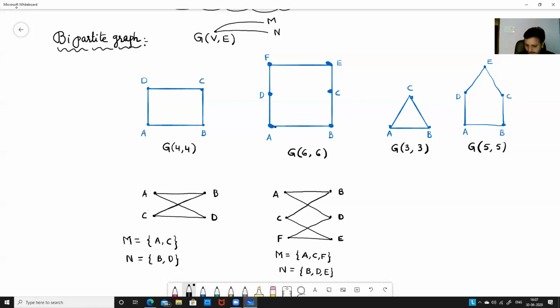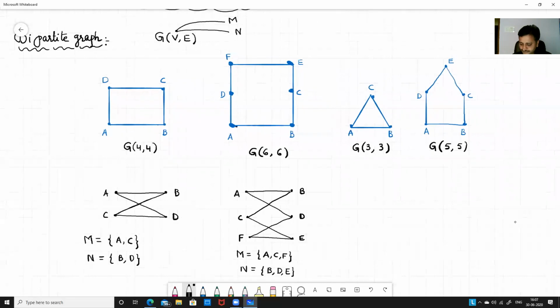Is it clear? Now the definition of bipartite graph is looking like this. Definition of bipartite graph: let G of V comma A be a graph.